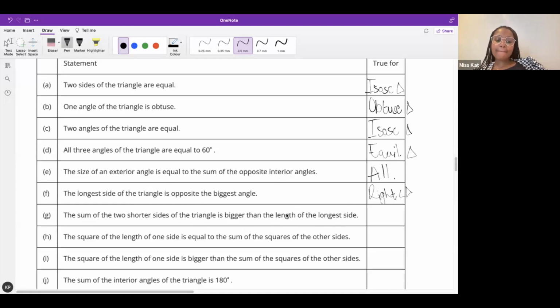When you add the two shorter sides, the answer will be bigger than the length of the longest side.